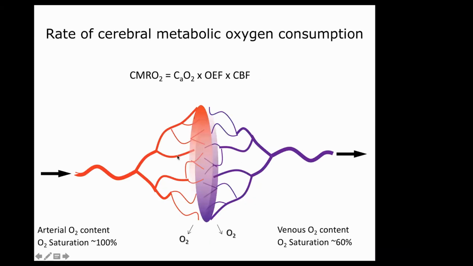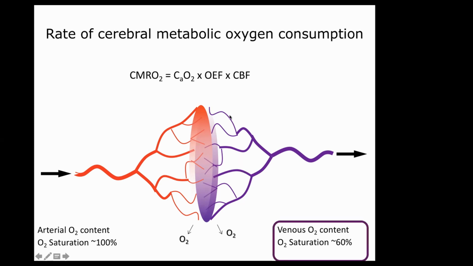So this is the typical physicist's eye view of the brain. As I've explained, oxygen consumption is the product of these three quantities, but our main challenge here is to measure venous oxygen content, and that's what gives us oxygen extraction fraction.